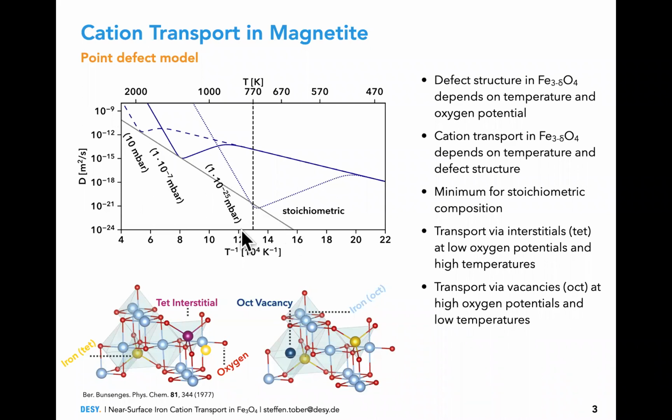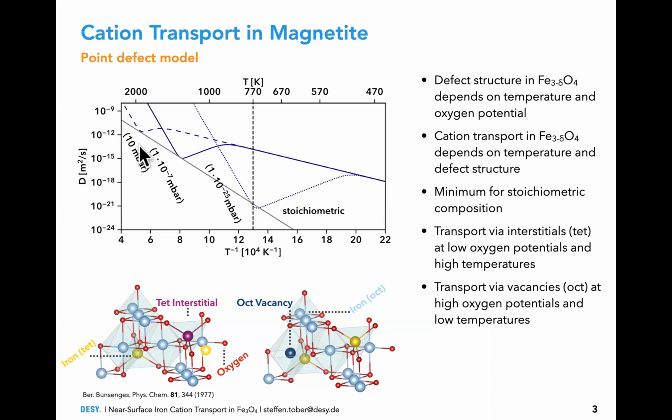And the diffusion coefficient against temperature for stoichiometric magnetite is shown here by the straight line. It becomes more interesting if we add the non-stoichiometry and get a dependence first on the oxygen potential and second on the temperature, leading to this relation between the diffusion coefficient and temperature.